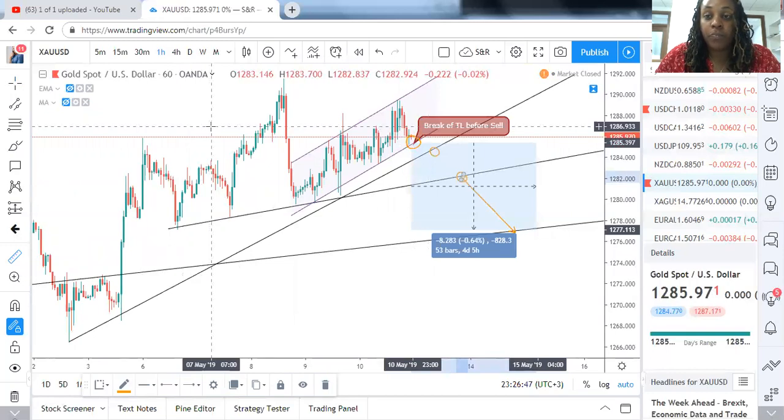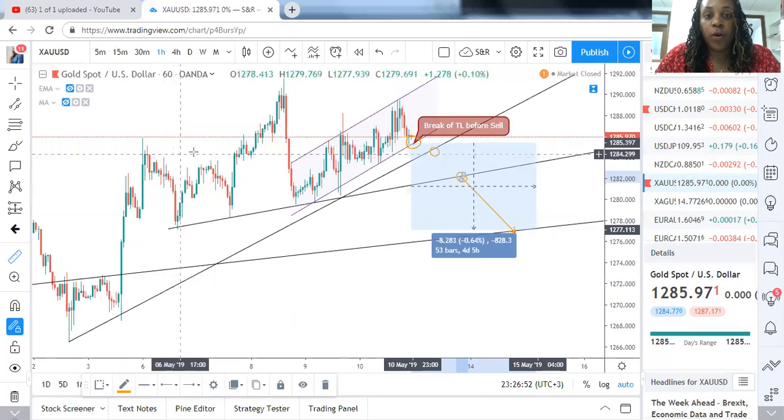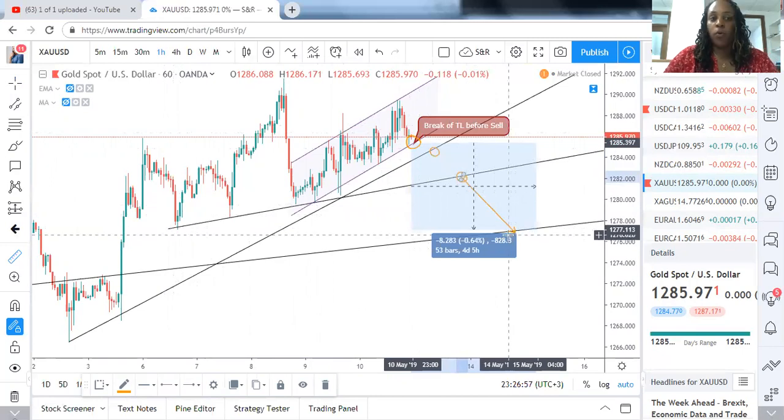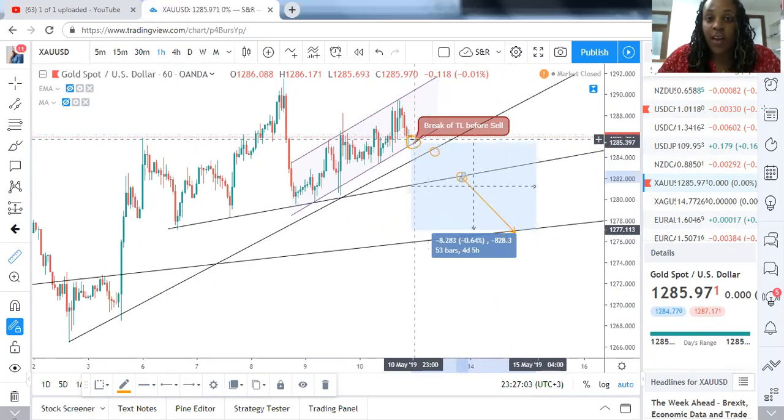Looks like a rising wedge, and therefore we're just looking for a reversal to retest this trend line before we identify what happens next.